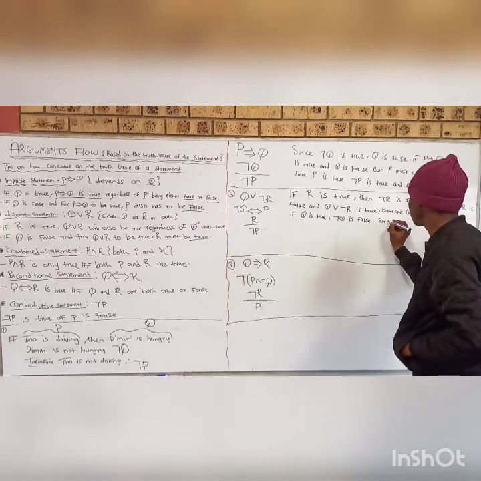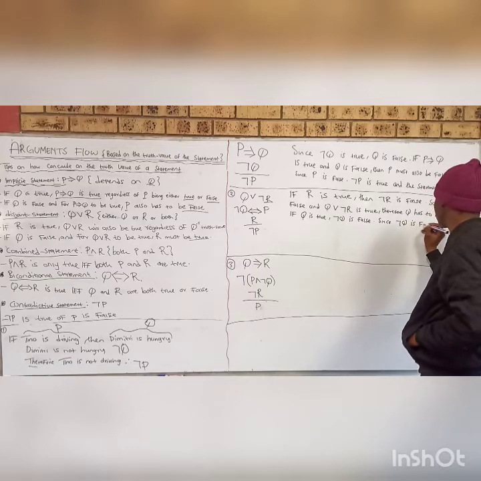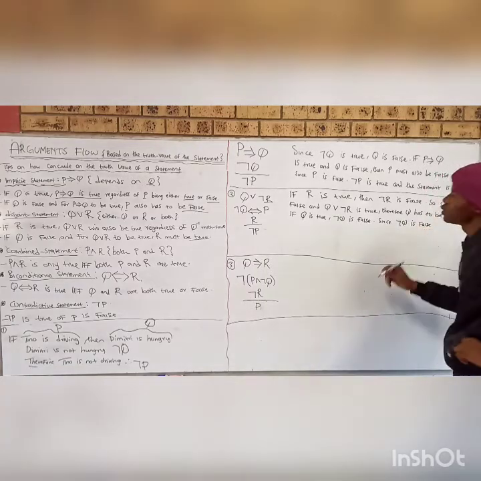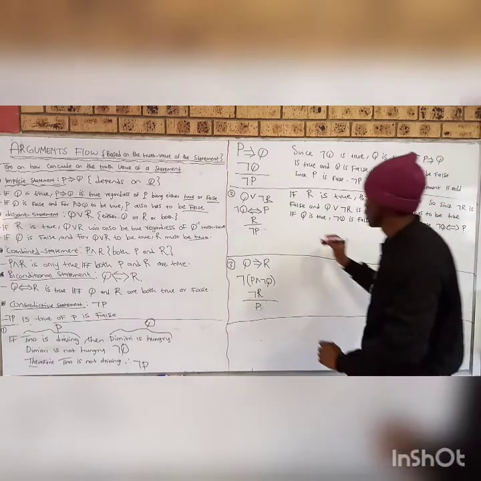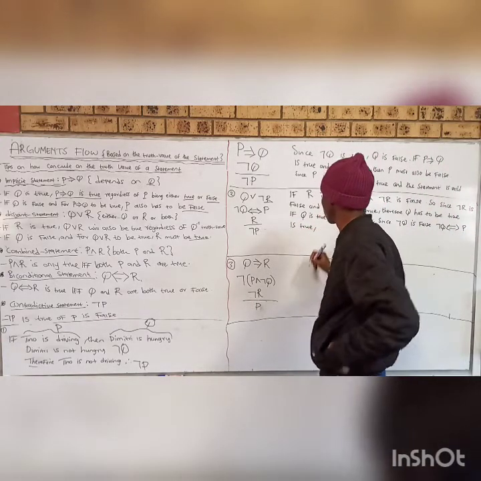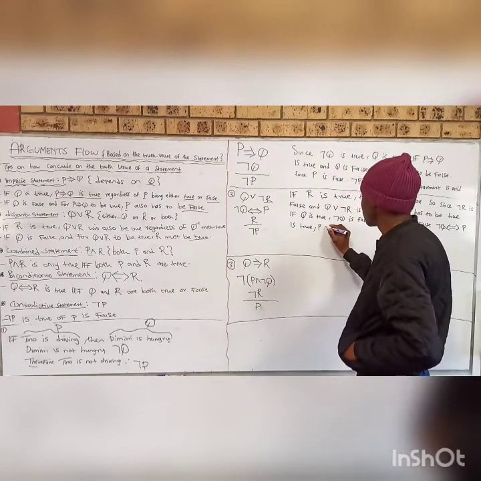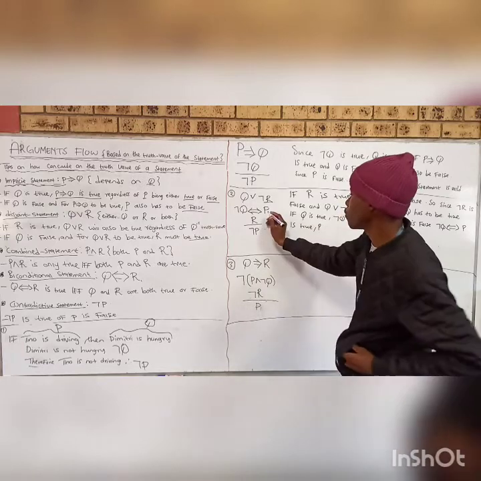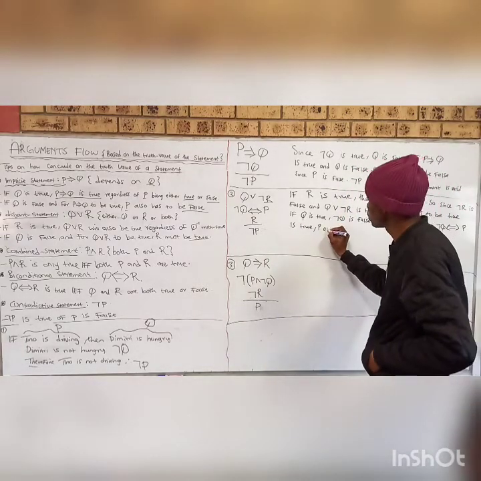Since we know that not Q is false and not Q by conditional P is true, so P has to be false. So P also has to be false.